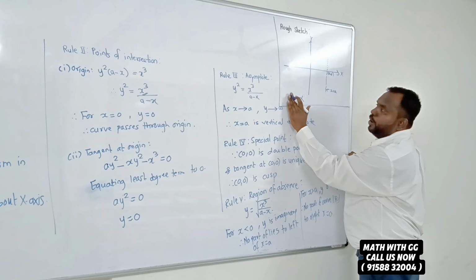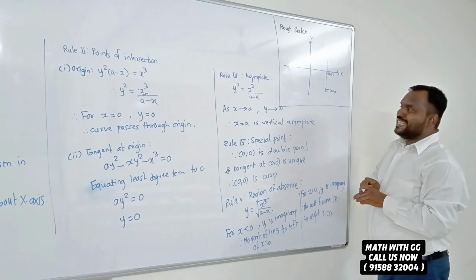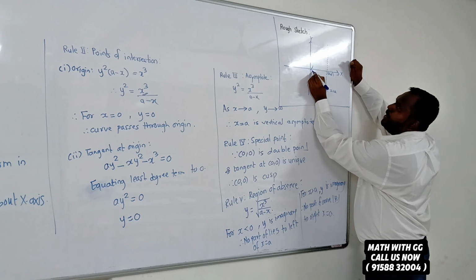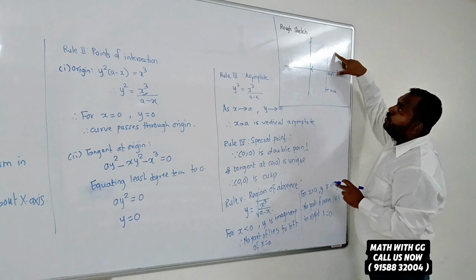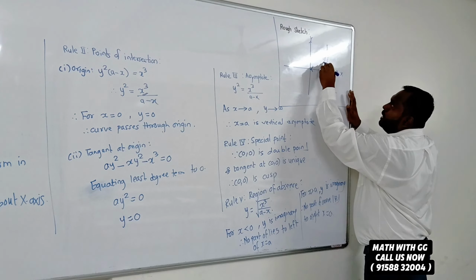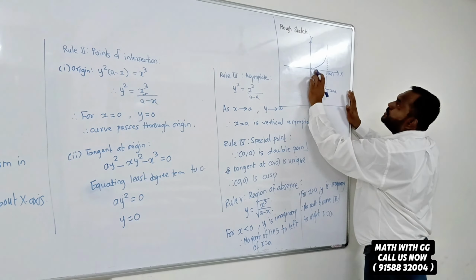So as the point is a cusp, we can draw the rough sketch here like this. As x equal to a is your asymptote, it does not cut this curve, hence the rough sketch is like this.